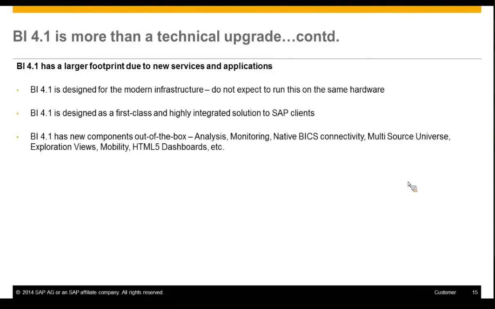I've seen customers, which I will talk about in the sizing section of the presentation, who initially took the 3.1 sizing estimate, the deployment blueprint, and tried to copy that into 4.1. You should not do that. You can't do that because 3.1, for example, is 32-bit, whereas 4.1 is 64-bit. Right, and then 4.1 has inbuilt.